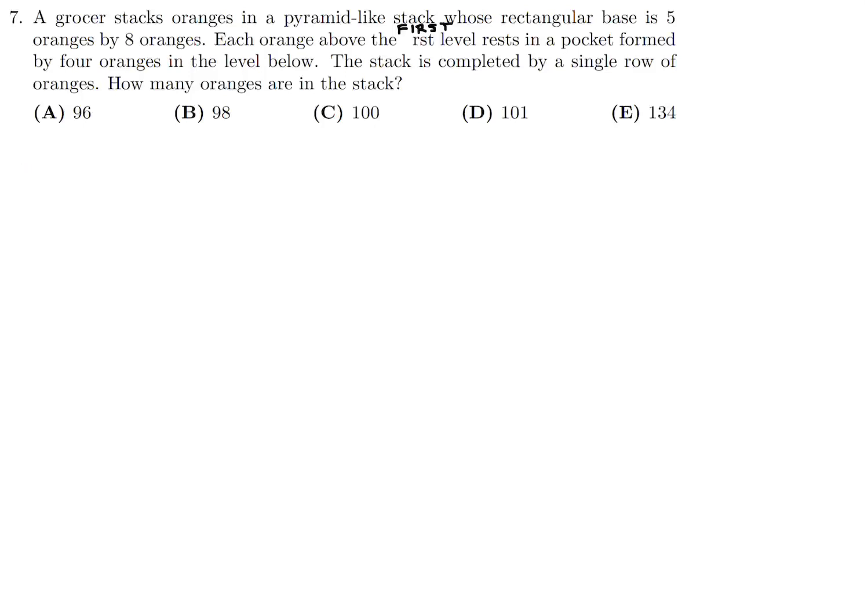So first, we've got to draw a shape that kind of resembles a rectangular box, I guess, like that. And they tell us the dimensions in terms of oranges. It's 5 and 8. So basically what that means is you've got these oranges in here.